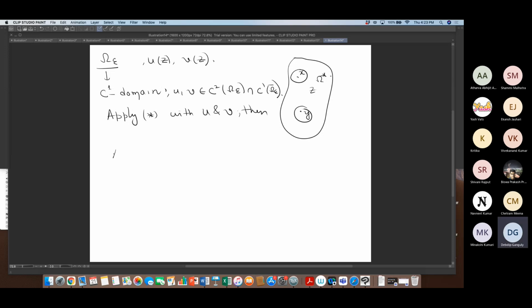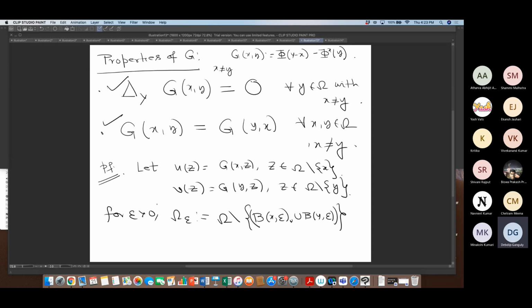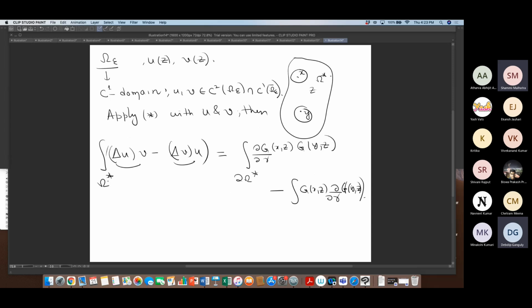Then what is the Laplacian of u in omega star? And what is the Laplacian of v in omega star? Your u is this, v is this. So the Laplacian of u in omega star is 0 from the first property. 0, 0. And again this omega star, you write as omega minus the boundaries of these balls.